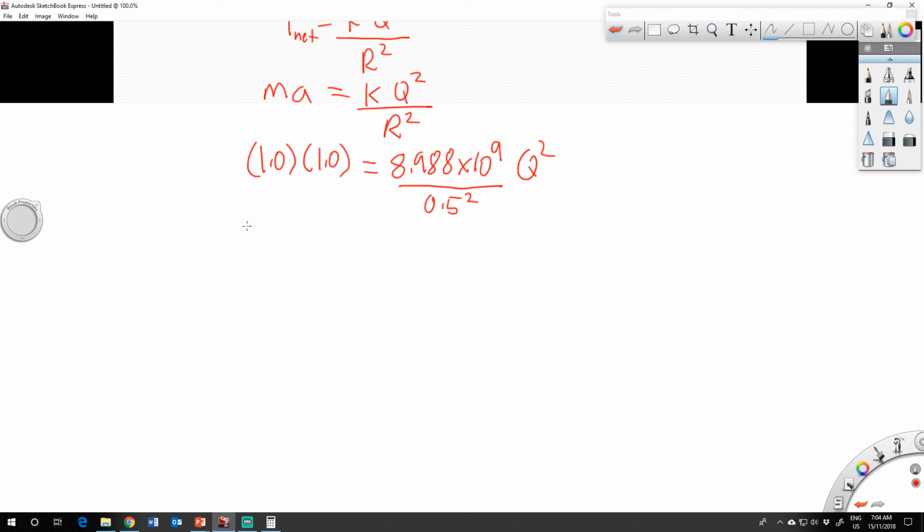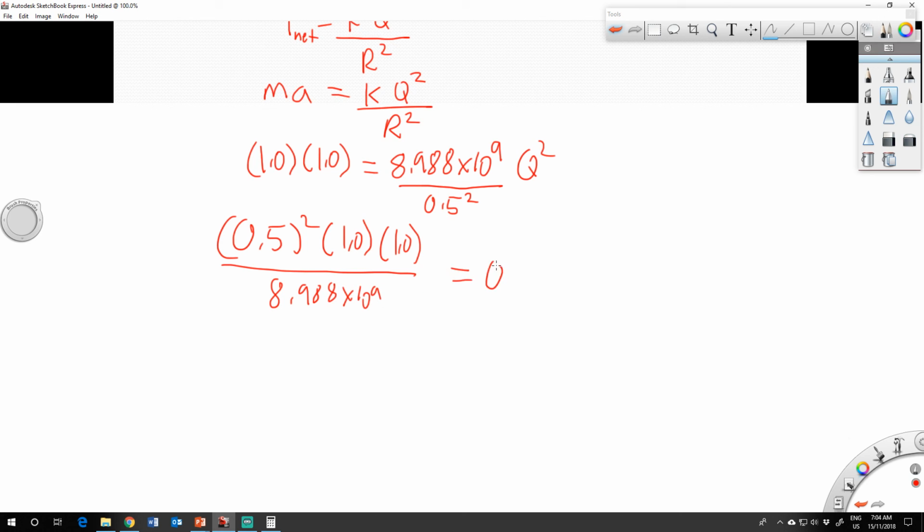All right, doing some algebra, we get the following. 0.5 squared times 1 times 1 divided by 8.988 times 10 to the 9. That's Q squared.